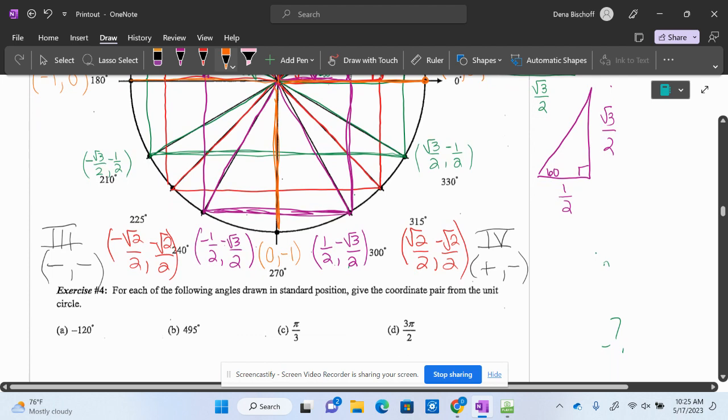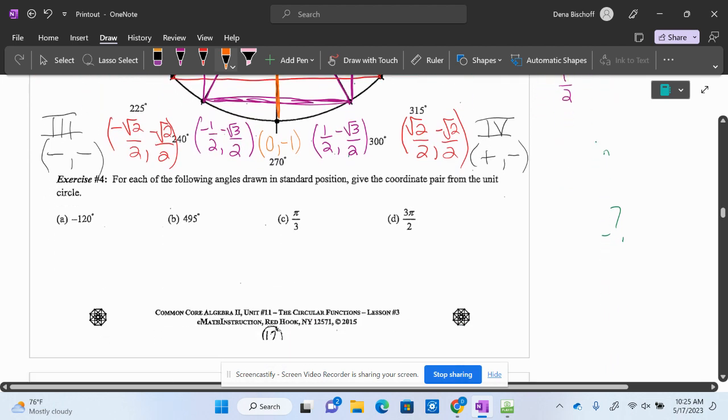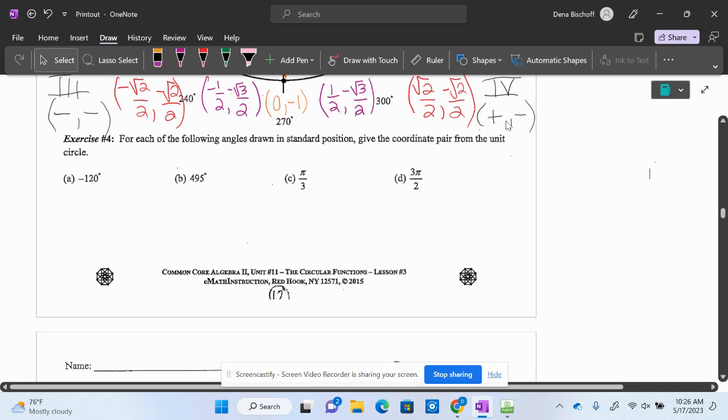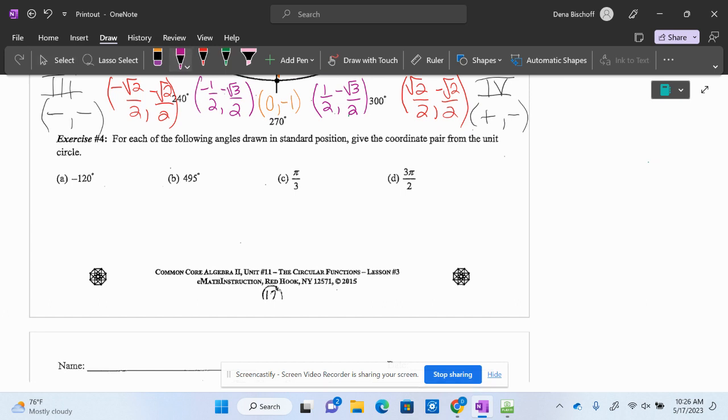Okay, all right, almost finished. So lastly, we are going to take a look at some angle measures in degrees and in radians, and we are going to give the ordered pair, the coordinate pair. Okay, so it helps me to kind of sketch these out, and this is how I think about them. So we're going negative, and I think about, okay, negative 120, well, that came from a 60 degree and a 60 degree, right?